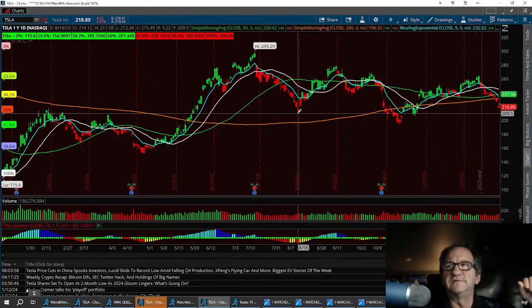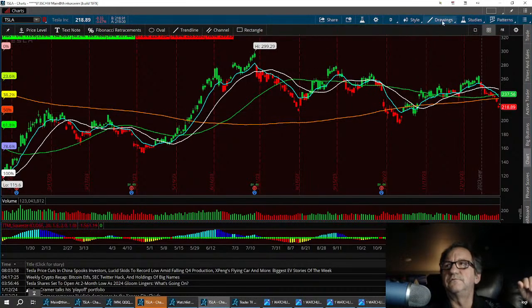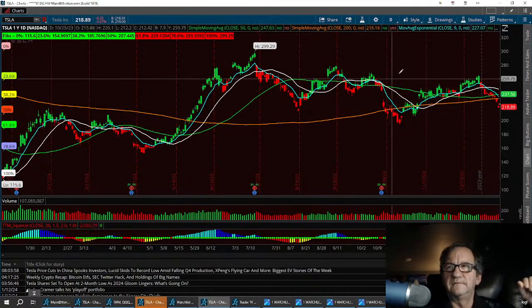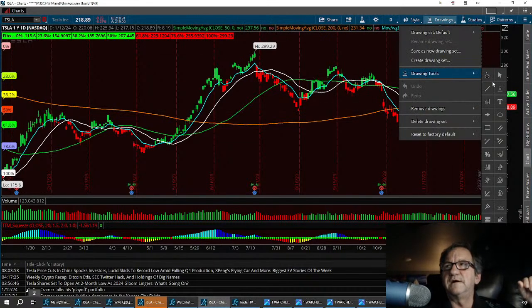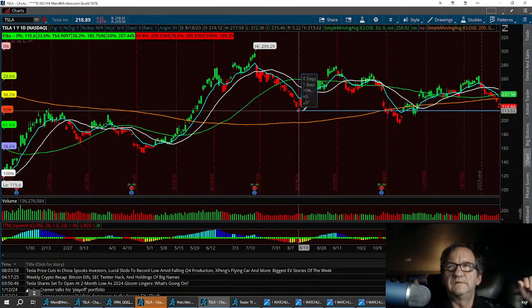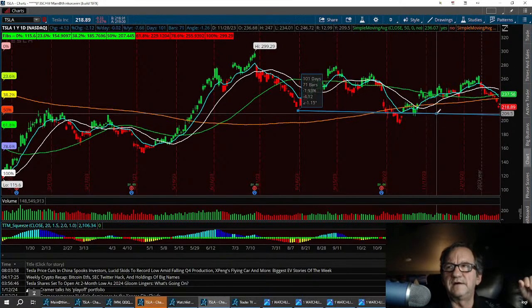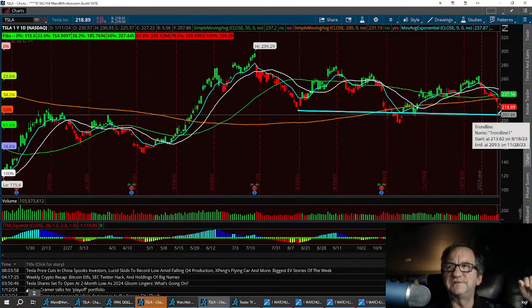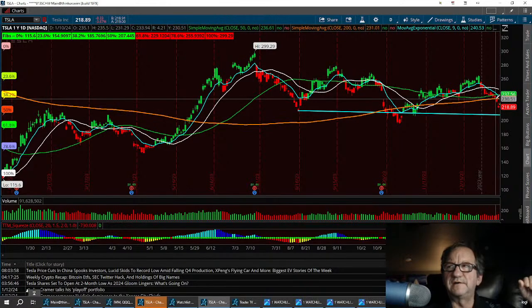This is a head and shoulders, so I want to draw a trend line across that. I'm a chart pattern kind of guy. I'll take that shoulder right there and run it on that, and it takes me right to around that 210 area, 207. I think it'll hold support there and have a nice little bounce back up to the 200.